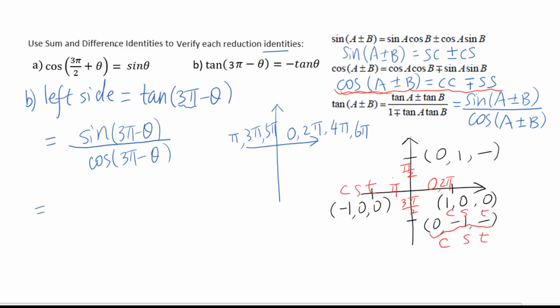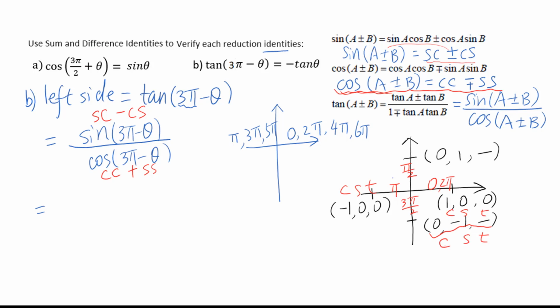For the sine, you will use this pattern that is SC plus or minus CS. It will be the same sign here. So you will get SC minus CS. For cosine, look at here. You will have the opposite sign. This is a plus, then here is a minus. This is a minus, then this is a plus. Therefore, you will have CC plus SS.